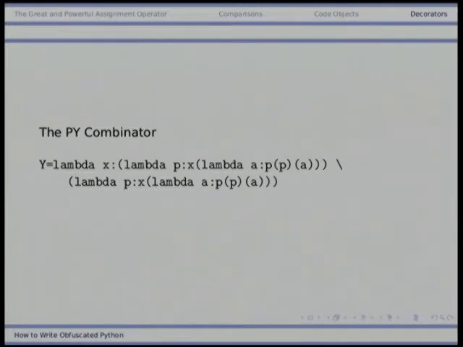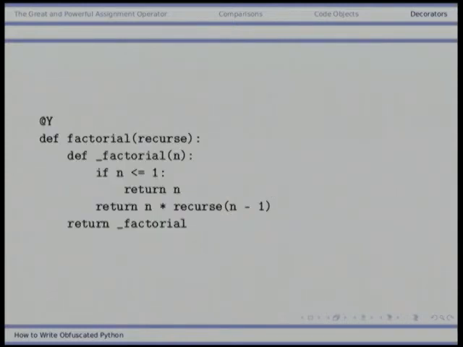Well, it's a function, and it takes a function, and it returns a function, so you use it as a decorator. The way you use a Y Combinator is you give it a function that takes a parameter, and for this we're calling it recurse. What the Y Combinator actually returns is another function where you've got an inner function here that gets passed into recurse.